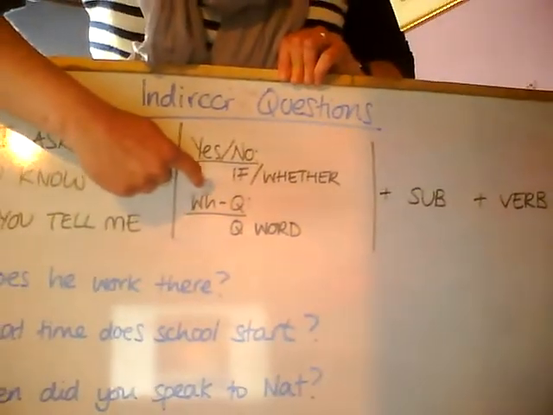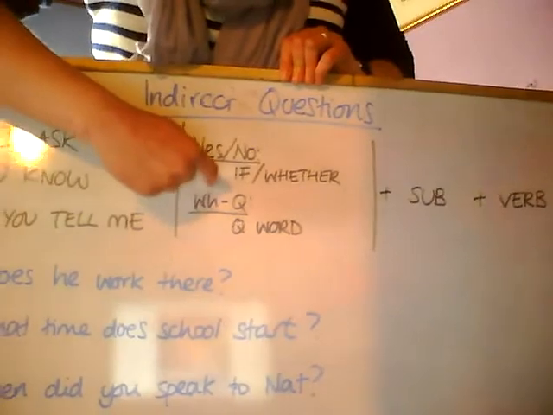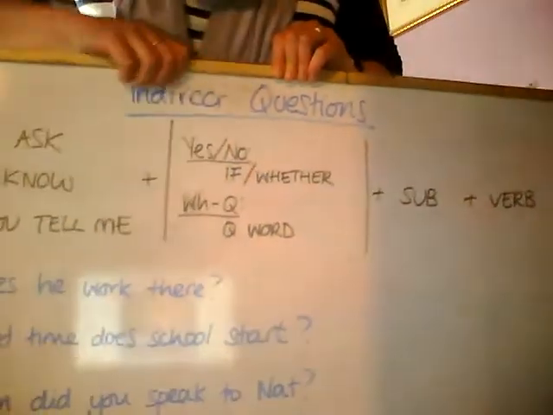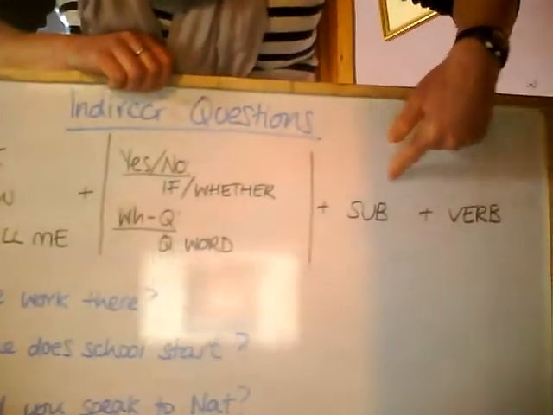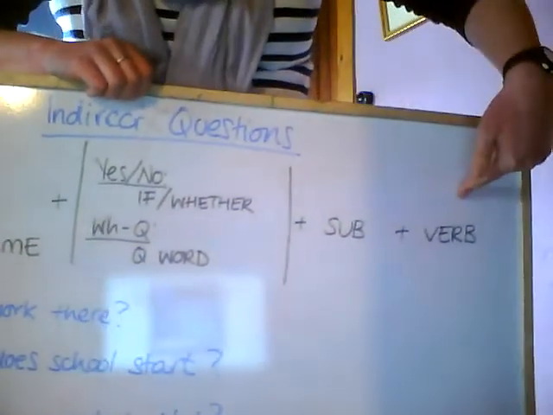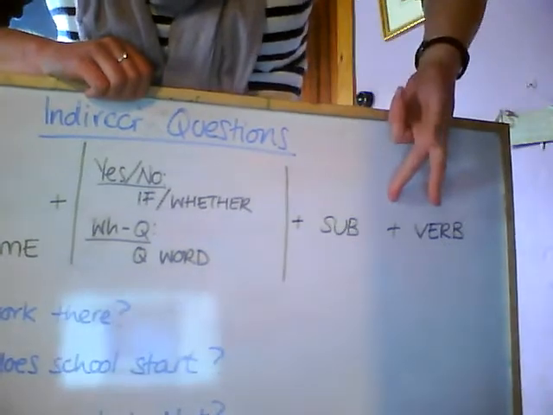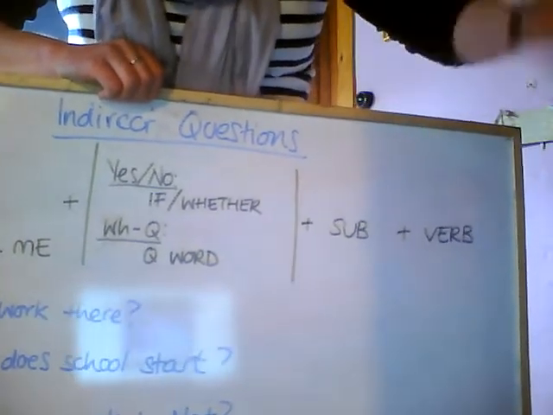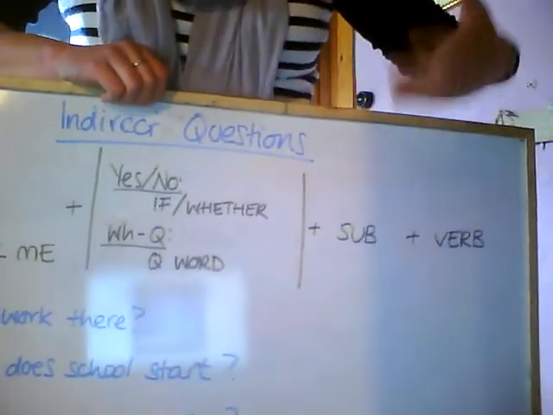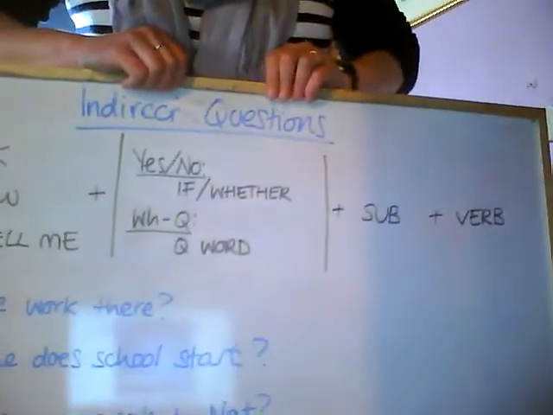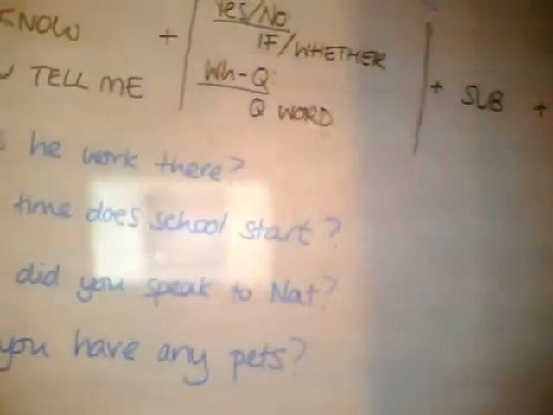If it is a question with a question word, then we use the question word. Then we finish the question off with the subject and the verb. Look here, it's not a question formation with the inversion, it's just a normal affirmative formation. Alright? So let's look at some examples.